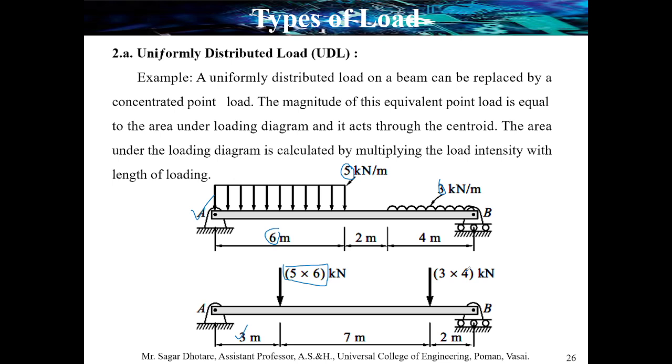And for the distance, from this point it is L by 2, or from point B also you can say L by 2. So 4 meter is there, half of that is 2 meter, so it is applied at 2 meter. In this way you can convert the uniformly distributed load into a single point load at a distance.